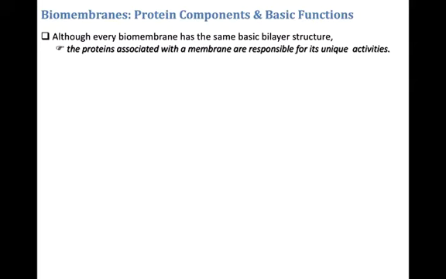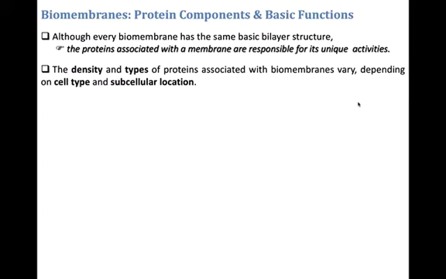So the main player which affects the function of the biomembrane is actually the type of protein associated with the membrane. The proteins associated with the membrane are responsible for its unique activity. And the density and types of these proteins may vary depending on the cell type and the subcellular location.